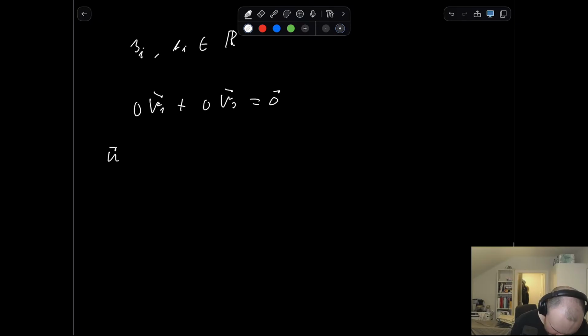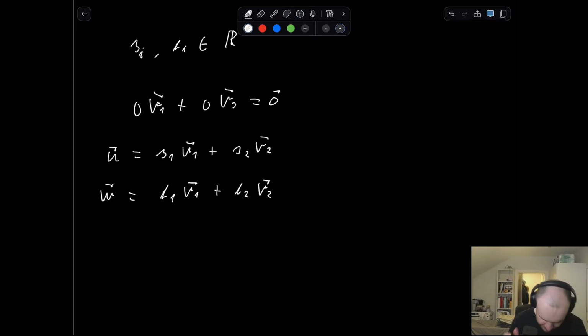Let's say I had some vector u, which was equal to S1 V1 plus S2 V2. And then I had the vector w, which is equal to T1 V1 plus T2 V2, like that, awesome.